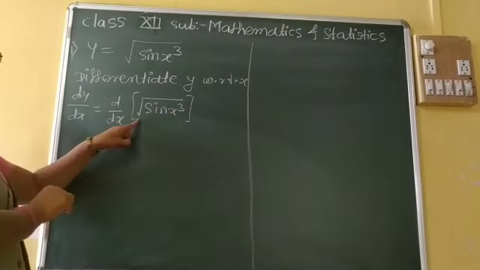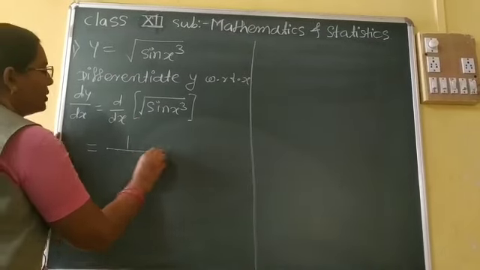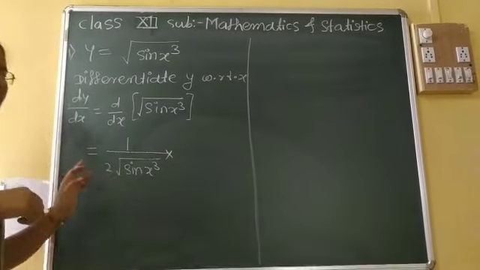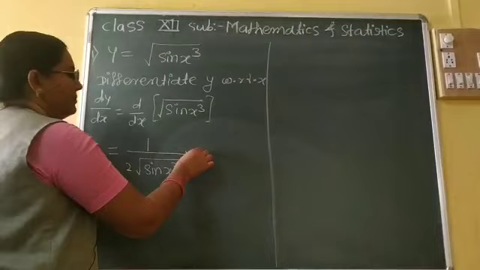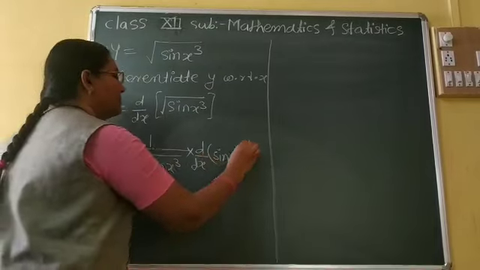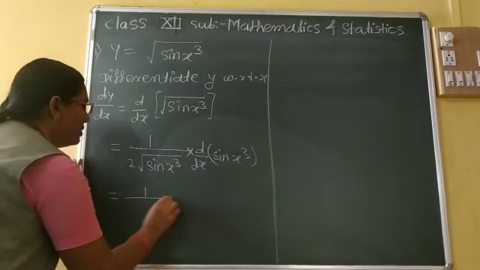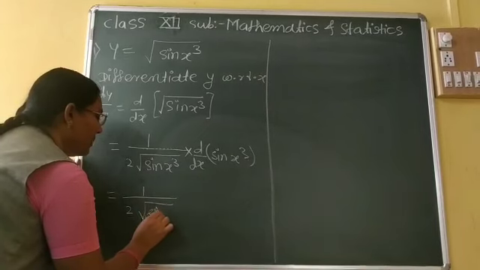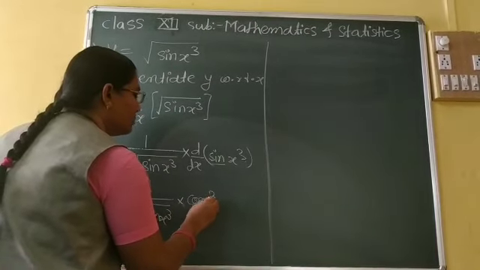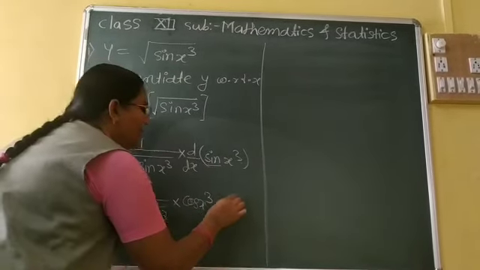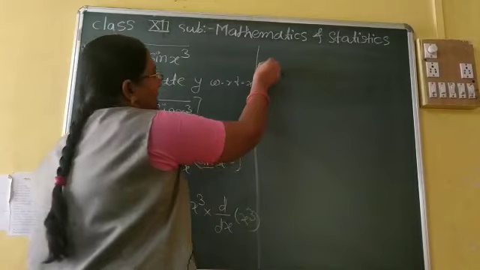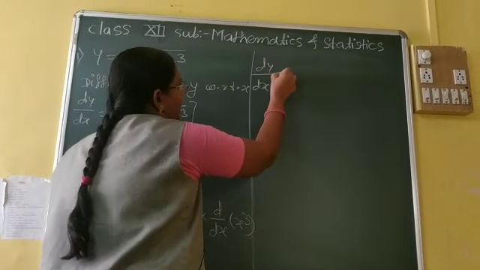Taking the derivative of the first, that is under root sine, 1 upon 2 root of sine of x cube, and multiplying with the derivative of the inside function, that is d by dx of sine of x cube, that is equal to 1 upon 2 root of sine of x cube into derivative of sine, which is cos of x cube, and again multiplying by the derivative of x cube.